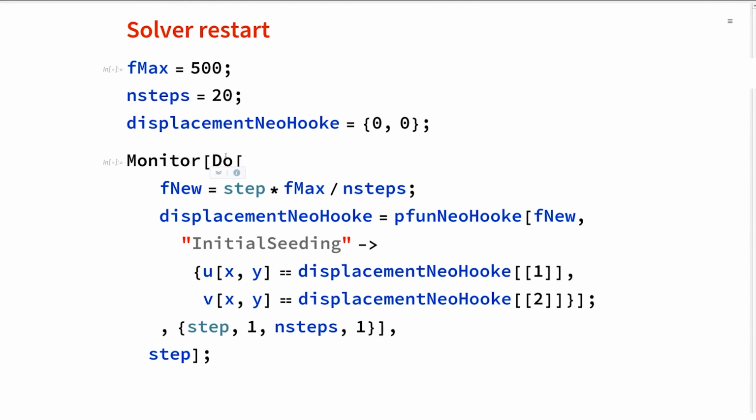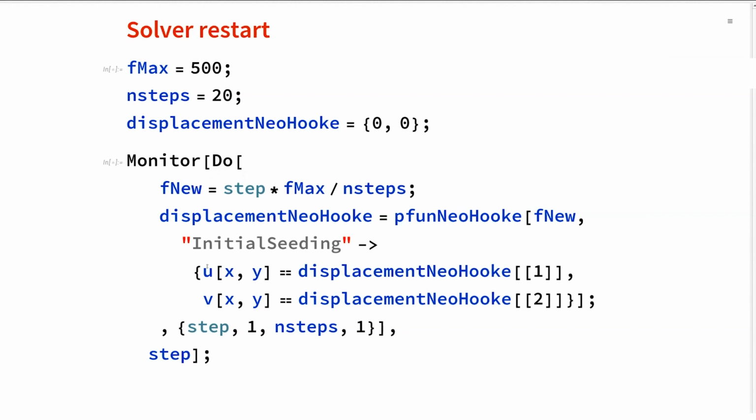So this loop, in the first step, step 1, uses 500 over 20 as the first force. We plug this into the neohook function. And what's new is that you can specify an initial seeding. This initial seeding in the first step is going to be 0.